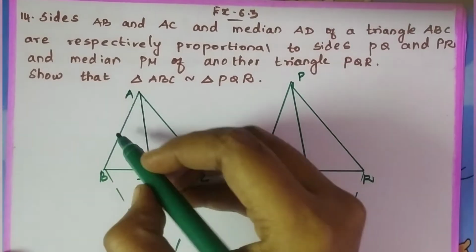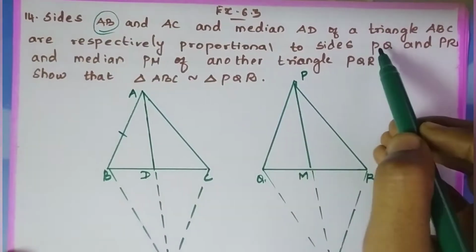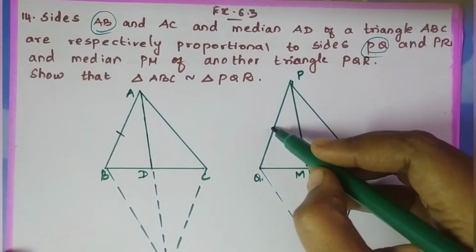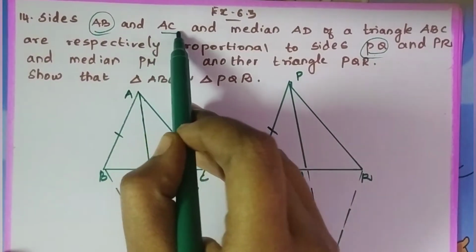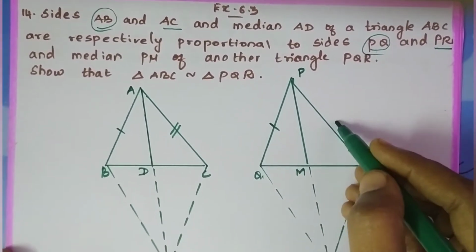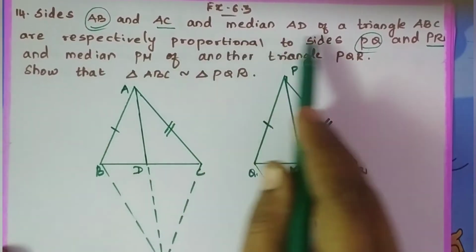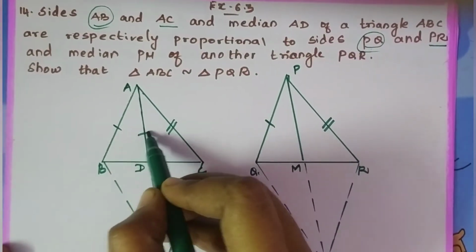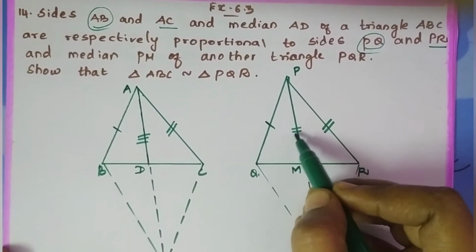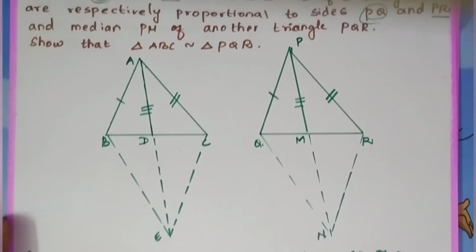So AB is proportional to PQ, AC proportional to PR, and median AD proportional to PM. Clear? It is given in the question.